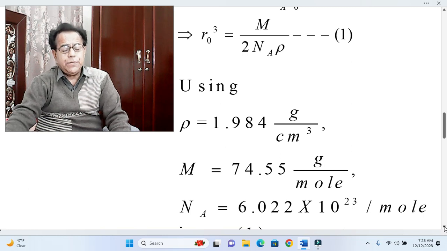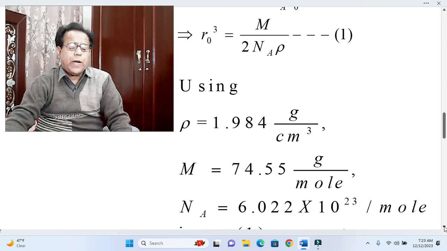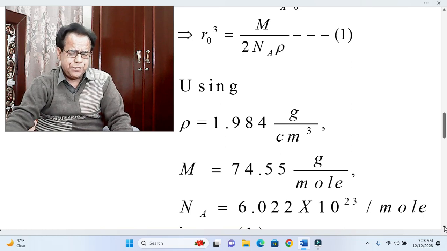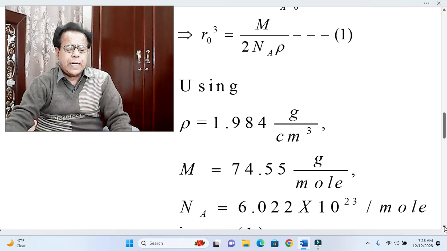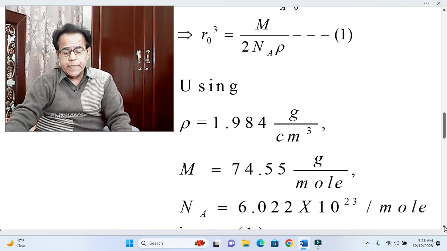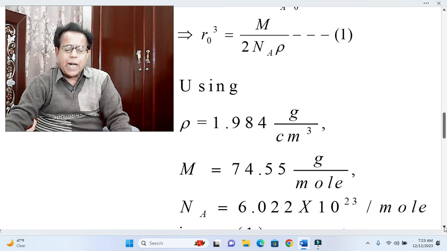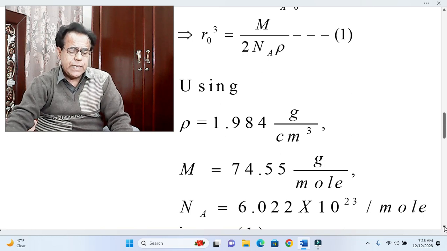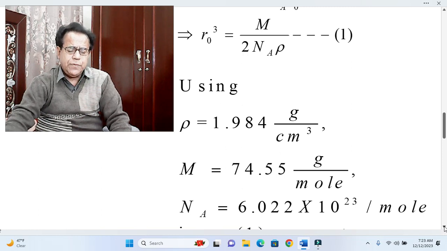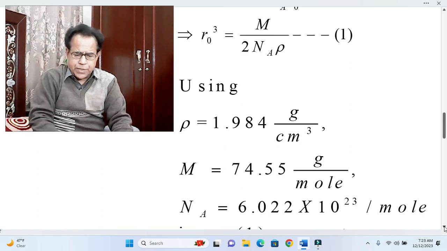So dear students, even if this value is not provided in the statement, we can find such values from their relevant tables. Moreover, capital M is given in the statement as 74.55 gram per mole. Similarly this value can also be found from relevant tables, but fortunately here both these values are given in the statement.